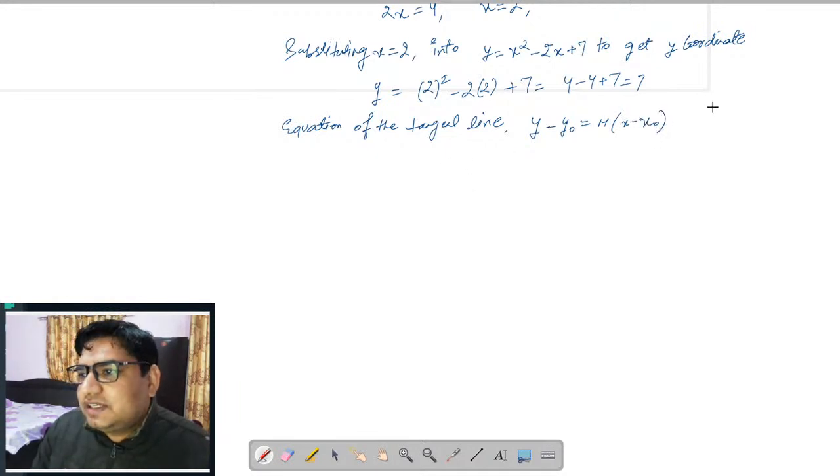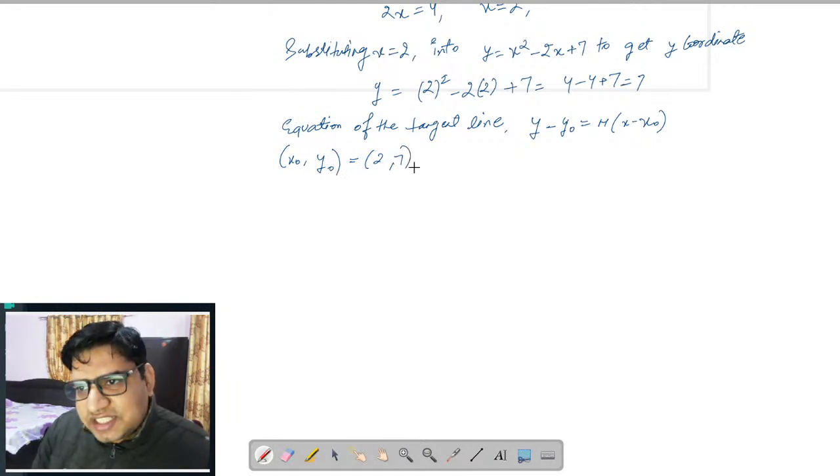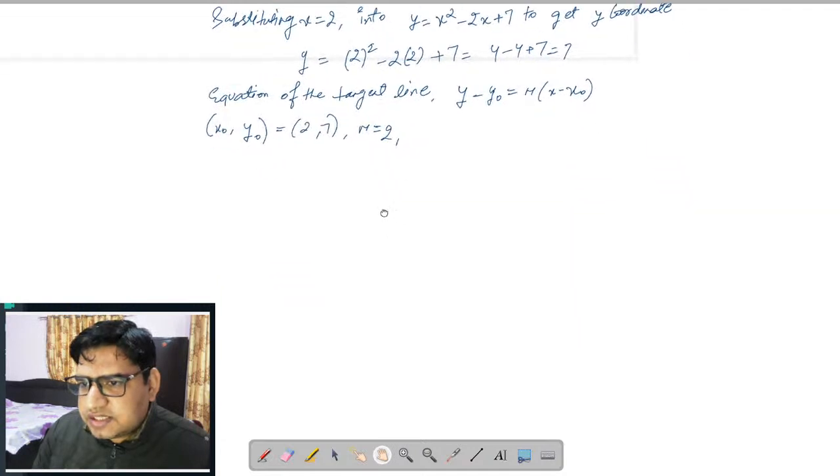Here x naught and y naught are 2 and 7, and m is equal to 2. Our m also came as 2, yes, m is equal to 2.